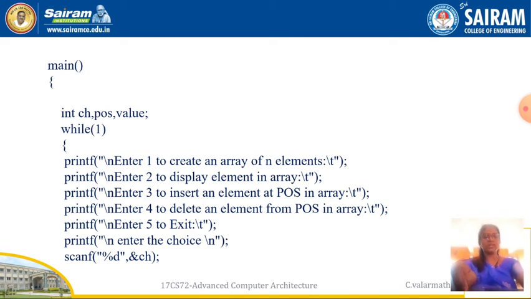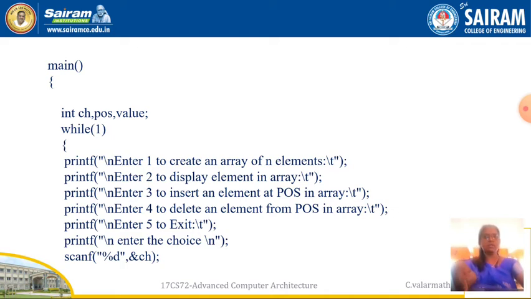What variables are required? First, we need to choose the options: whether we are going to create an array, display elements, insert one element into the array, delete an element, or exit. That option has to be stored in one variable, that is ch.